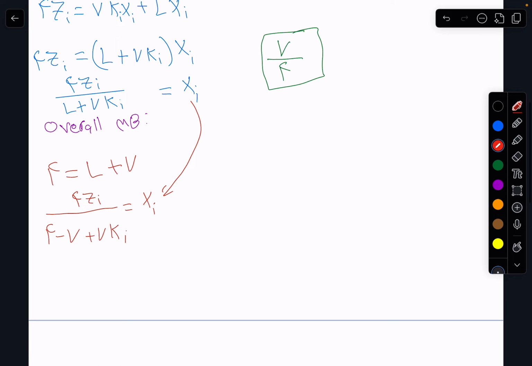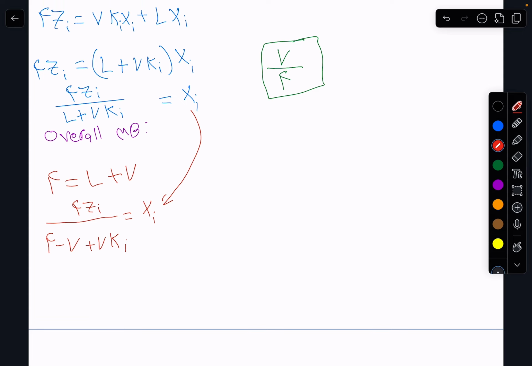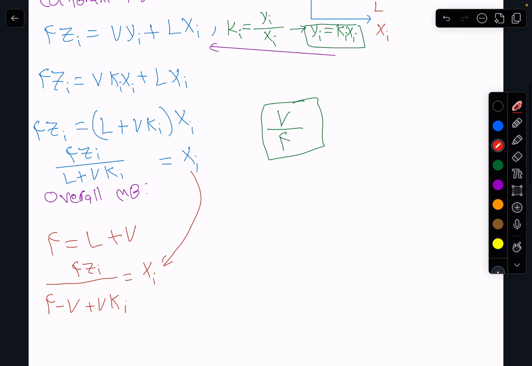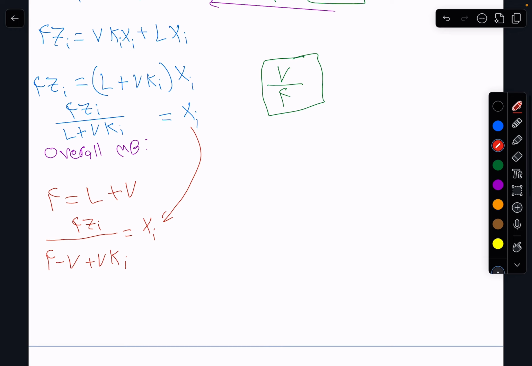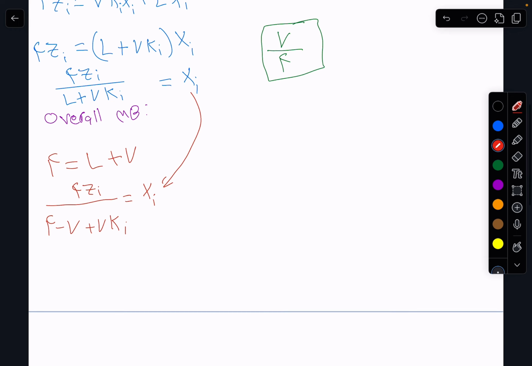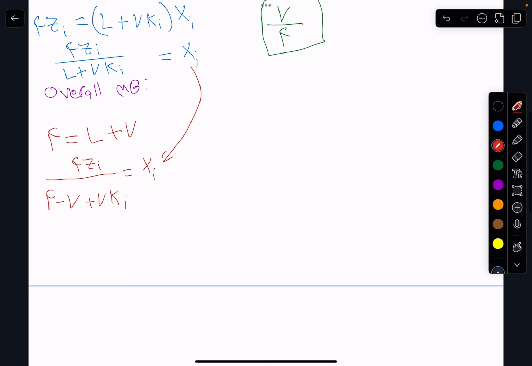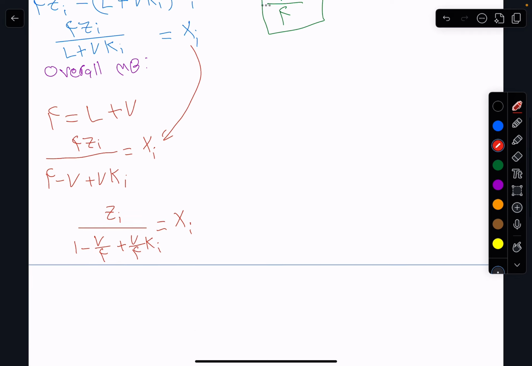Now we are going to divide by F so that we can get V over F. We divide the numerator and the denominator by F to be consistent. So F divided by F is 1, Zi remains, and in the denominator, 1 minus V over F plus V over F Ki.